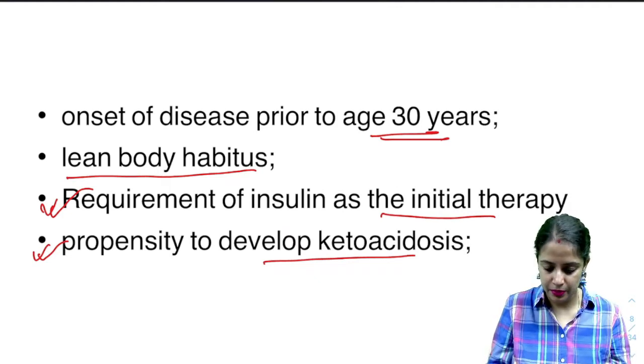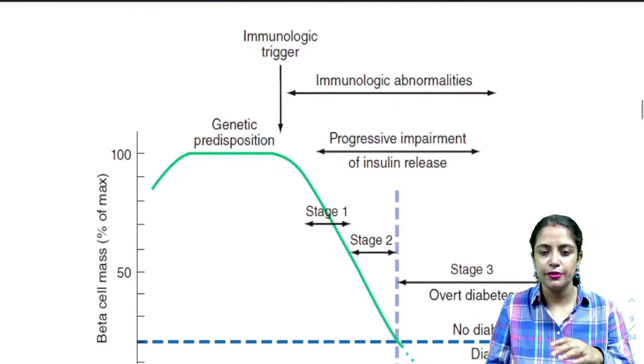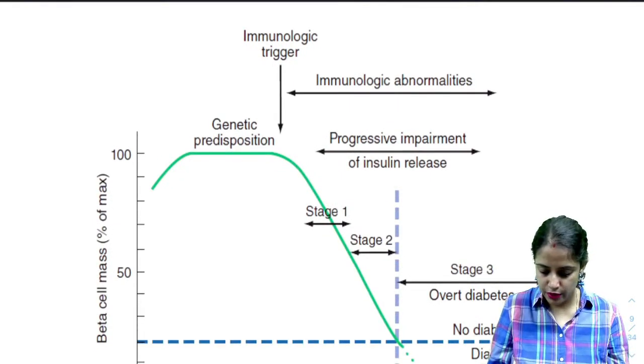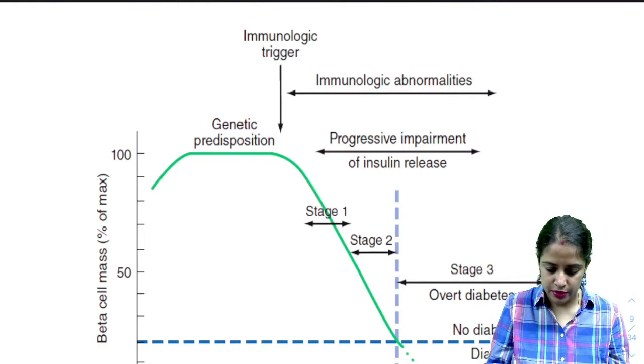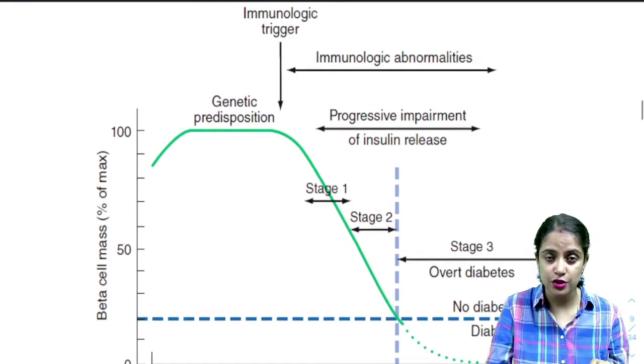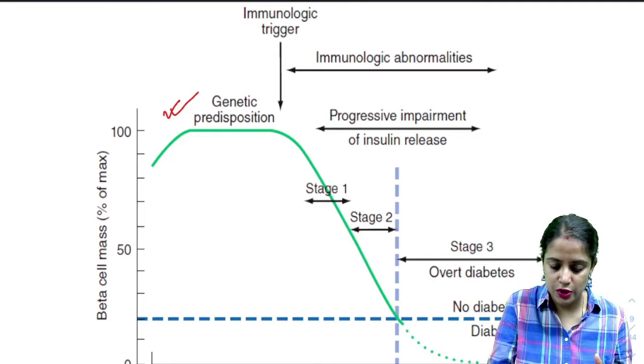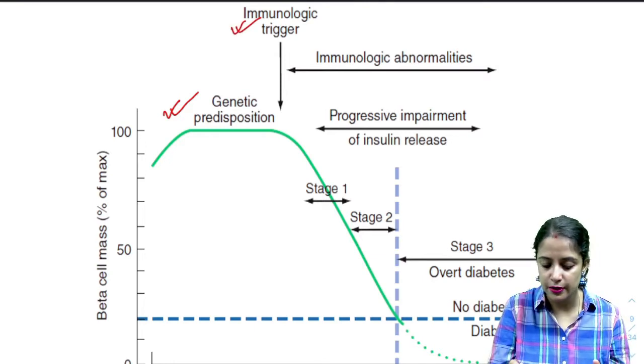This is a graphical representation of the pathophysiology which I have just discussed. There should be genetic predisposition and certain environmental factors which may act as an immunological trigger.